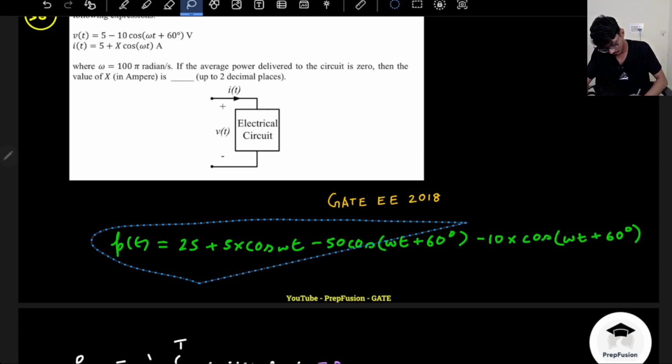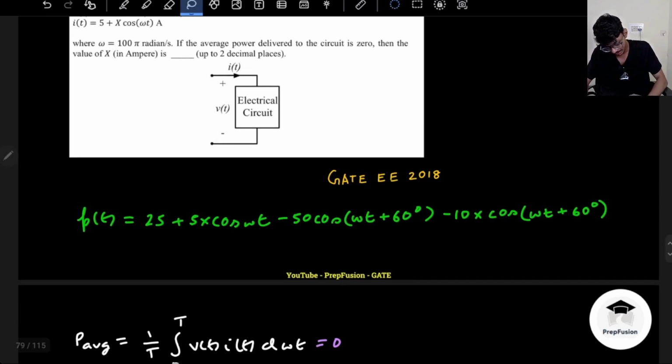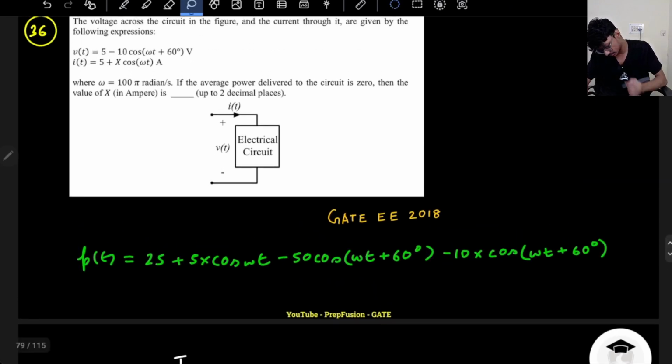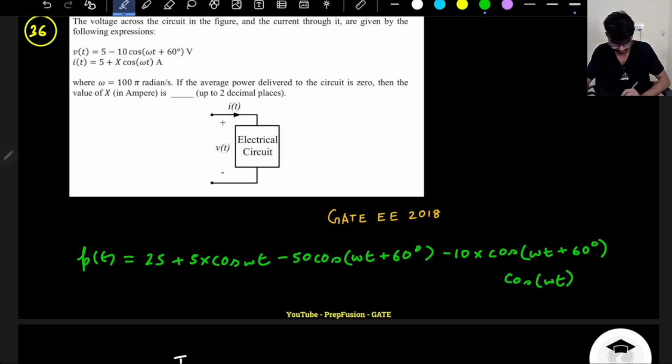So 10x is there and cos omega t is getting multiplied, right? Cos omega t is getting multiplied.